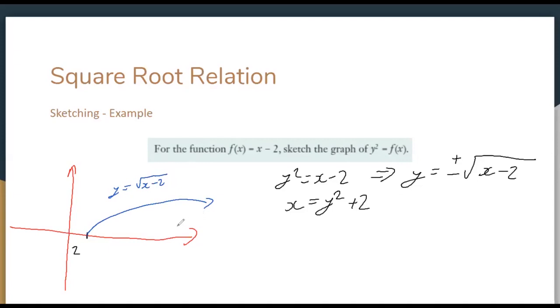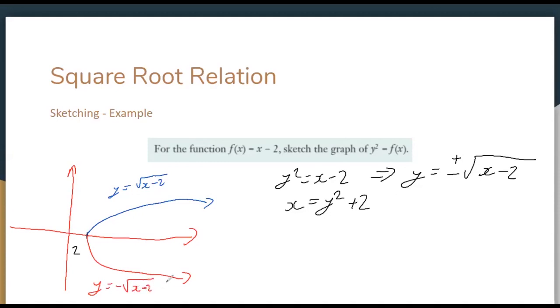And if you want to have a look at this, then you can sub values in, but this is the expression for a square root function, and it is very much the same as what we would expect when we do semicircles as opposed to circles. When we square root it, we get half the shape, and the positive half is going to be in the positive y direction, whereas the negative half will be in the negative y direction. So this is y is equal to negative root x minus 2.